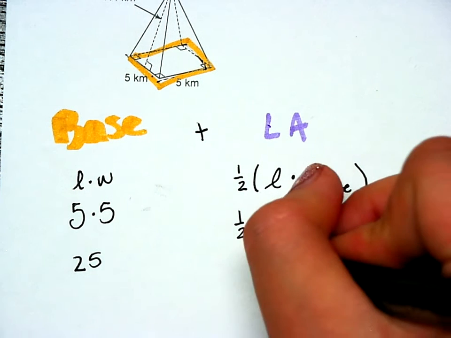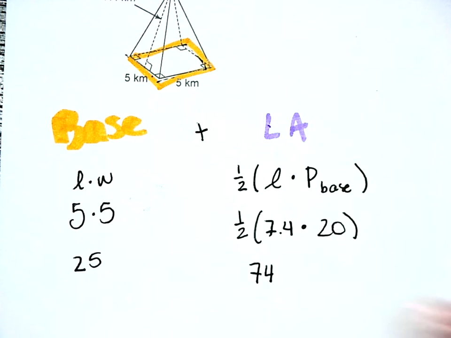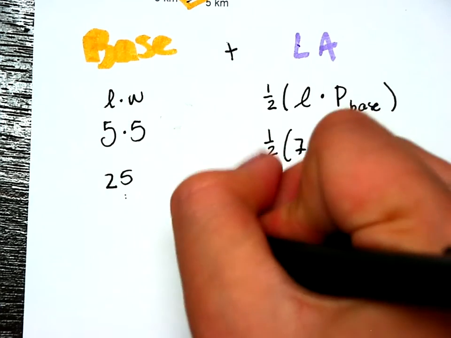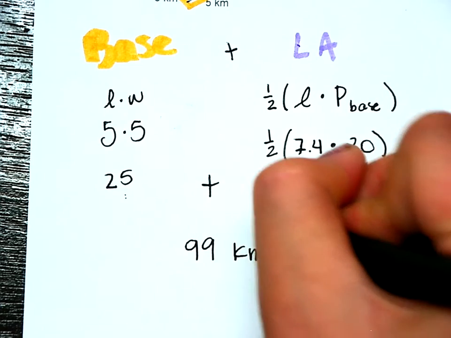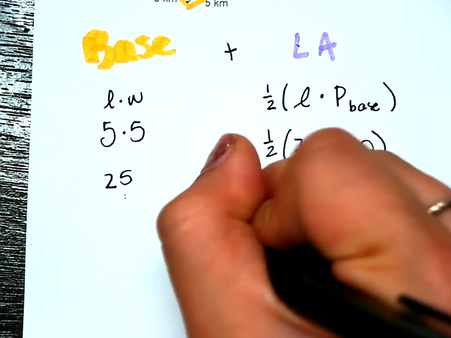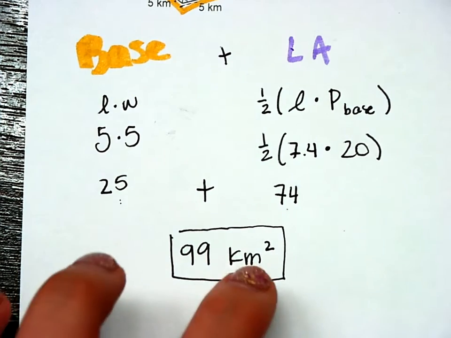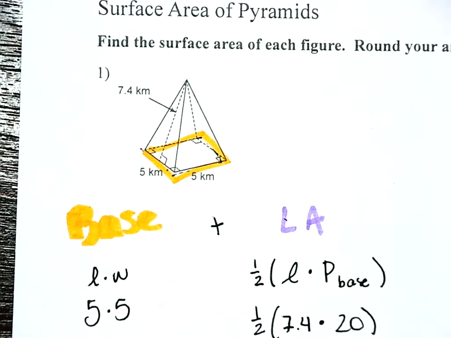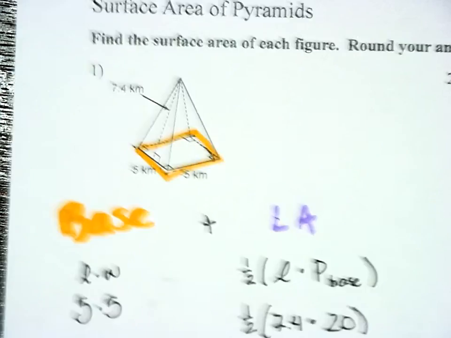That gives me 74. And then we're just going to add the base plus the lateral area. My total value should be 99, and then it's kilometers squared. So this is my surface area. This is how much square kilometers I would have to paint if I were to paint all the surfaces of this pyramid. All right, moving on.